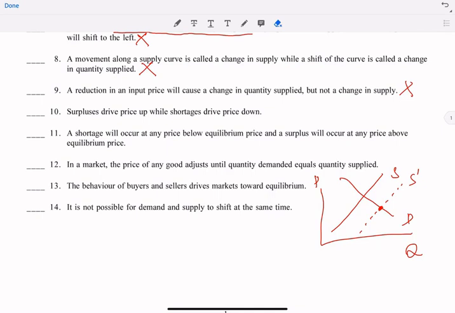You can see that if there is surplus, then it means that the quantity supplied is larger compared with quantity demanded. In this case, surplus will actually drive price down. And if there is shortage, meaning that a lot of buyers will want to buy this product, so naturally this will actually push the price up.